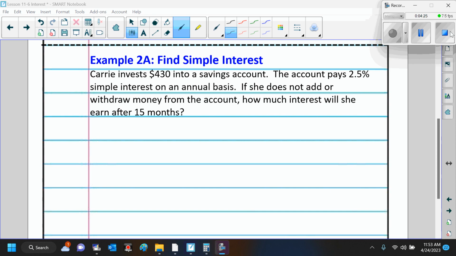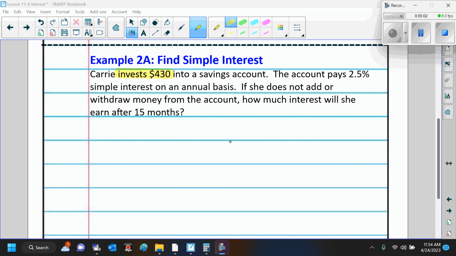All right, example 2A is find simple interest again. It says Carrie invests $430 into a savings account. The account pays 2.5% simple interest on an annual basis. If she does not add or withdraw money from the account, how much interest will she earn after 15 months? So, what's important here? She invests $430 into a savings account.